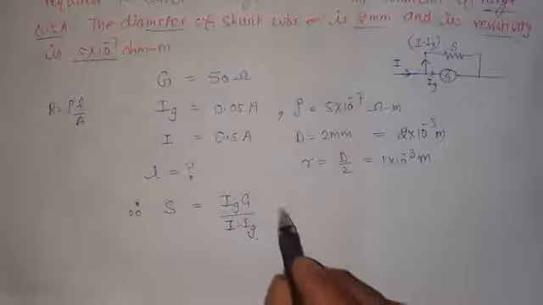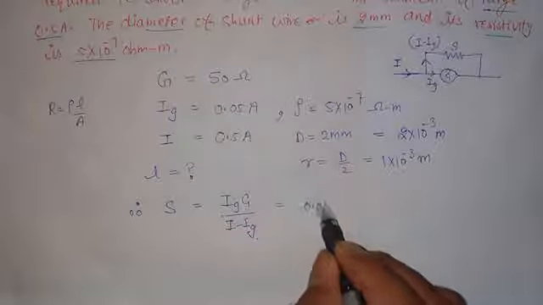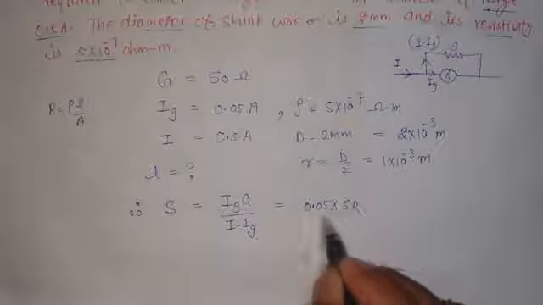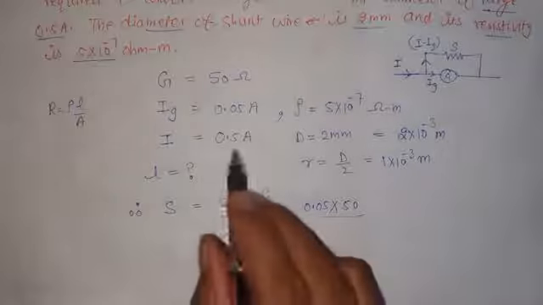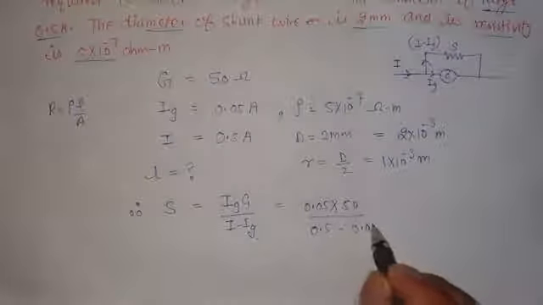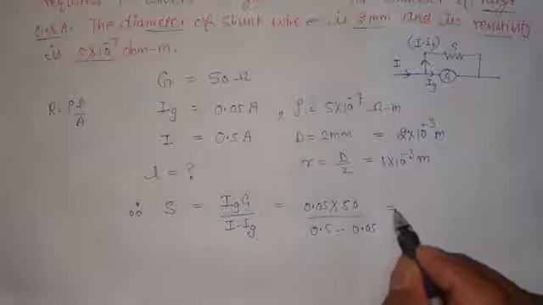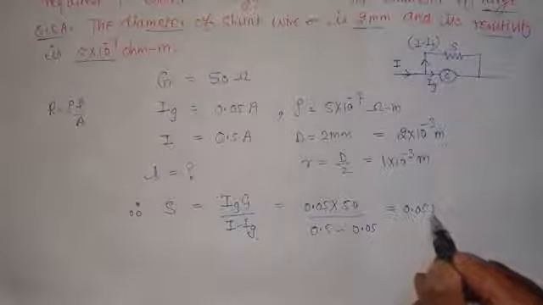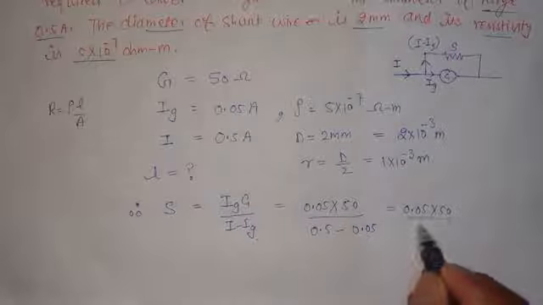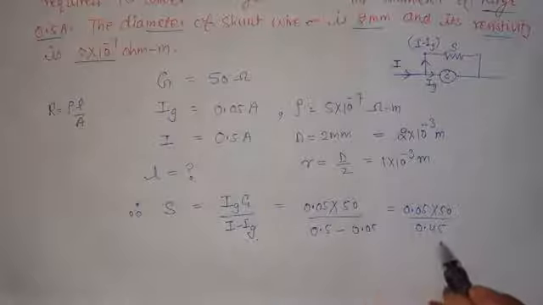Now here if I put in all these values, Ig is 0.05 and G is 50, upon I, the range, which is 0.5 minus 0.05. So this will come as 0.05 into 50 upon 0.45. After subtraction we will get this one.